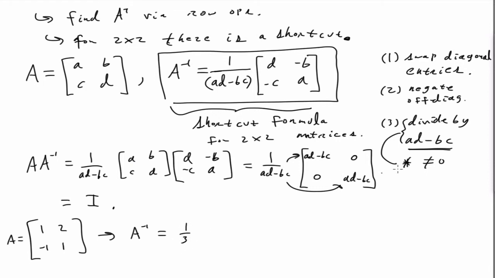That's this part of the thing. Then we're going to swap the diagonals. 1 and 1 are the same, so there's no change in the swap there. Then we negate the off diagonal. And of course that's exactly the inverse we had before. So we see that it does actually work.